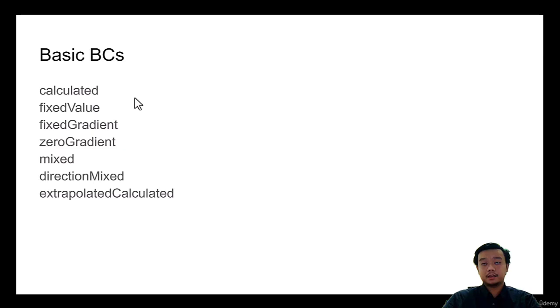But if you already have some basic template from the tutorial folder, you actually don't have to worry about these other boundary conditions. But it is a good starting point if you want to modify your simulation to certain values. Of course I will not explain it all one by one.